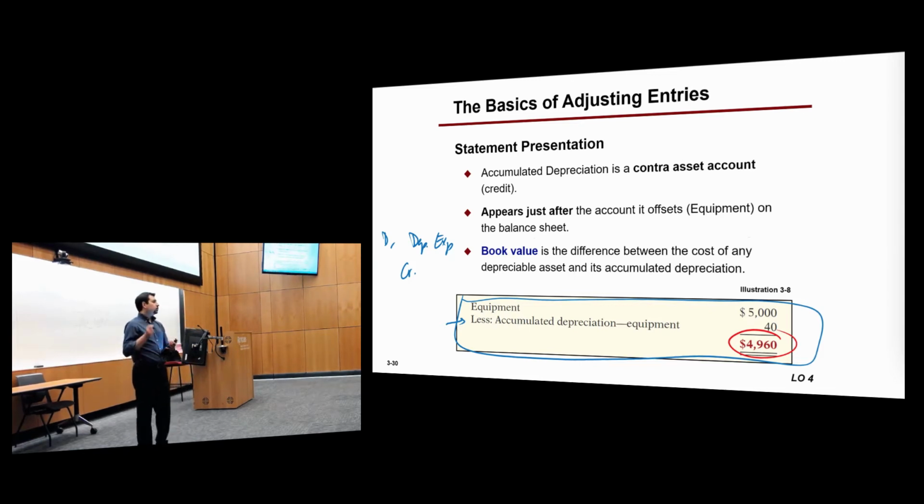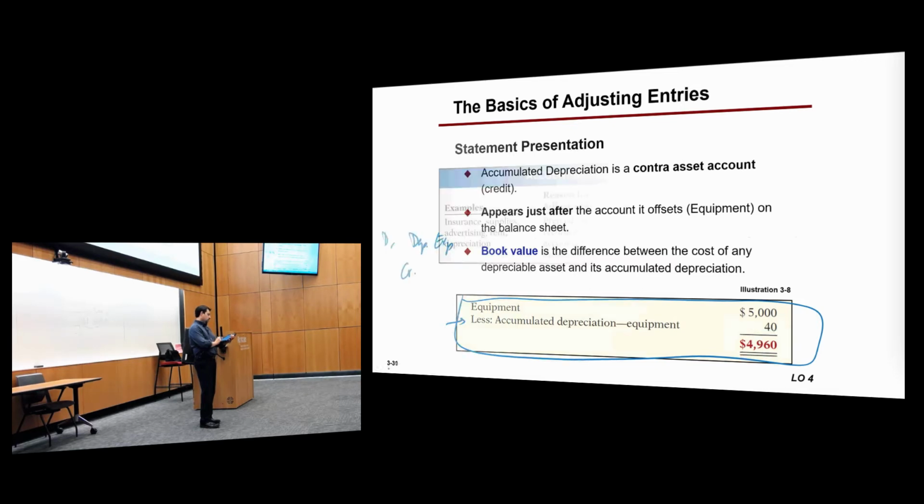So this is not the market value, it's the book value. The book value is simply the value of the asset at cost minus accumulated depreciation. Any questions?